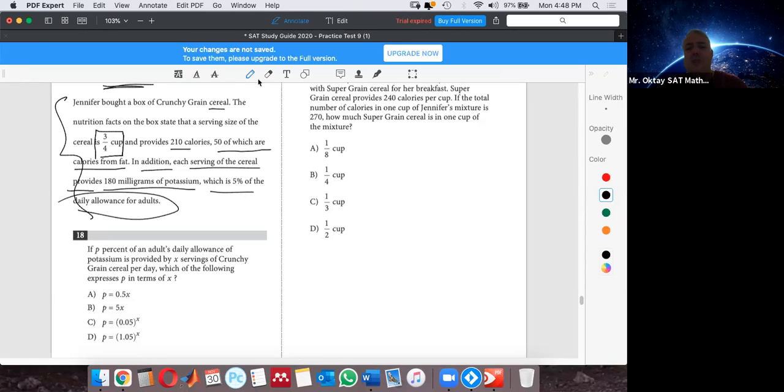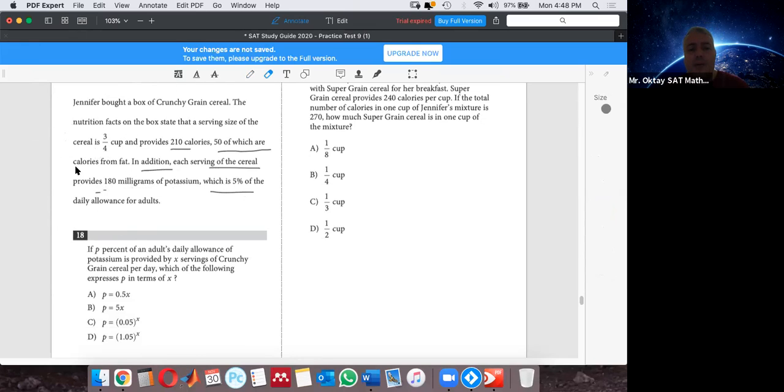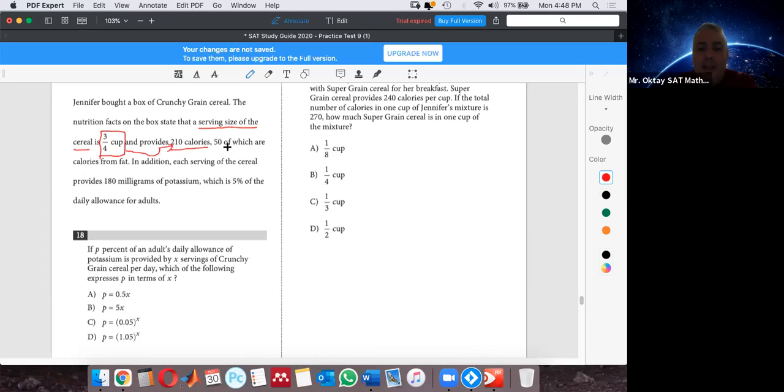Oh, lots of information, so we can lose ourselves. But the most important things, let me underline. First of all, the serving size of the cereal is 3/4 cup, and it provides 210 calories. 50 of which are calories from fat, so 50 out of 210 comes from fat.